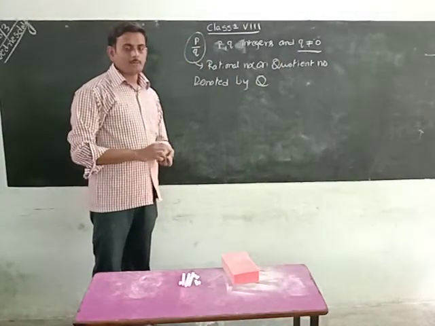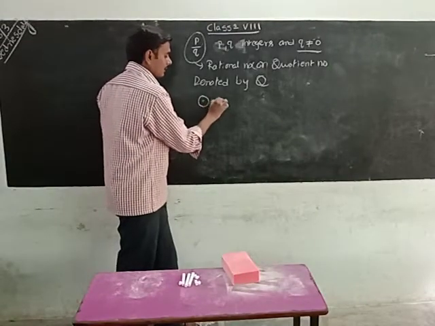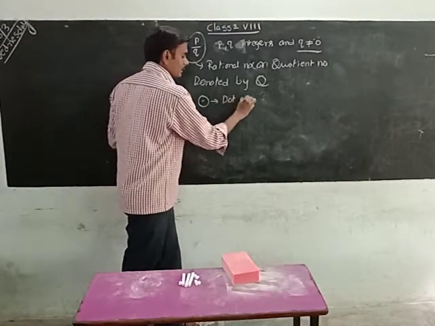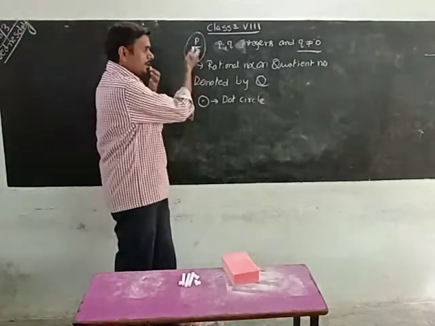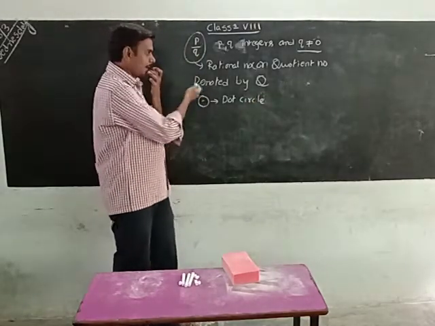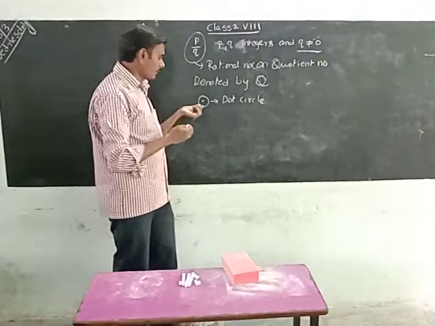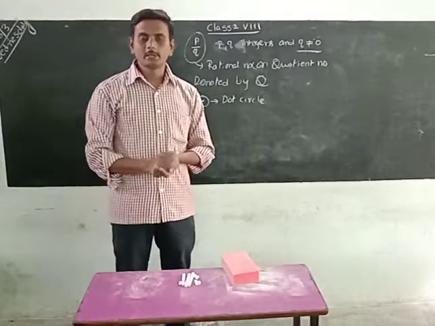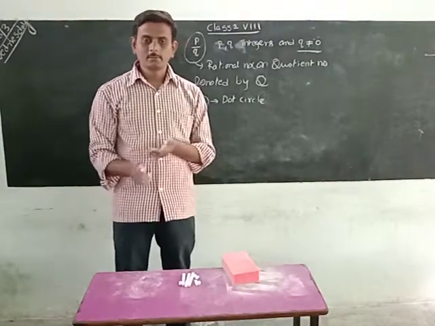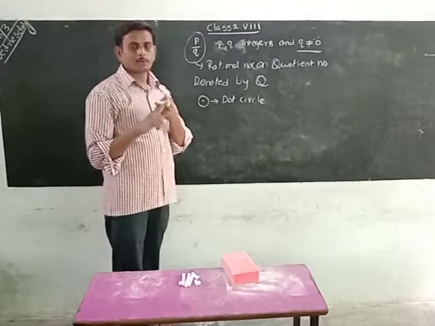Already we learned the symbol called dot circle. Here I just recalled the definition of rational numbers from the previous class. Actually we are discussing properties of rational numbers. We completed two properties, closure property and commutative property.